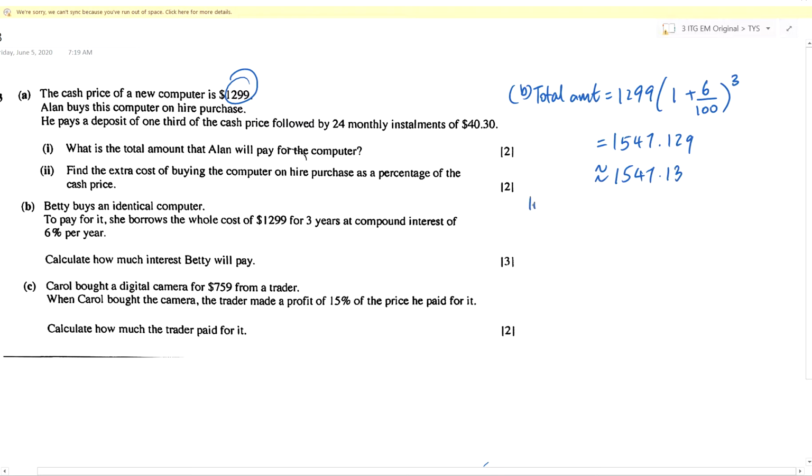Now to find the interest. So here we have the interest that is paid.